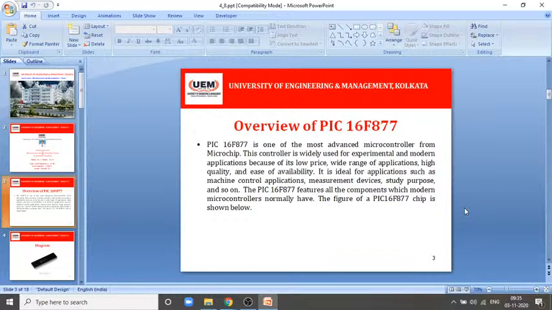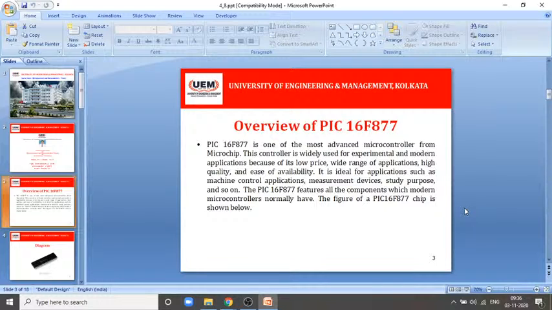First of all, we need to know which components all modern microcontrollers must have. A modern microcontroller must have an MPU or microprocessor unit, an internal memory, an external memory, and peripheral devices and input and output devices.